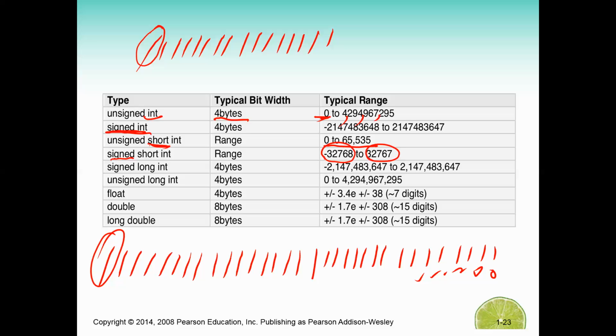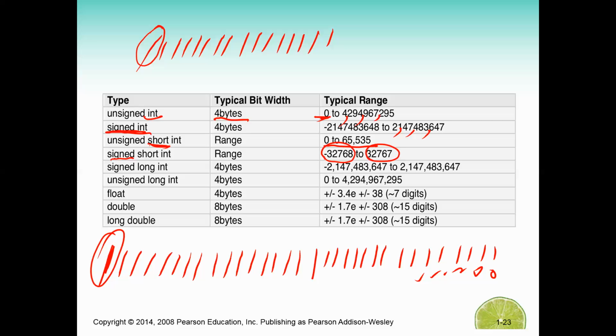Exactly, 2,147,483,647. It's like half of it, because they can be all on, and the sign bit can be on as well, and it's going to be a positive 2,147,483,647.